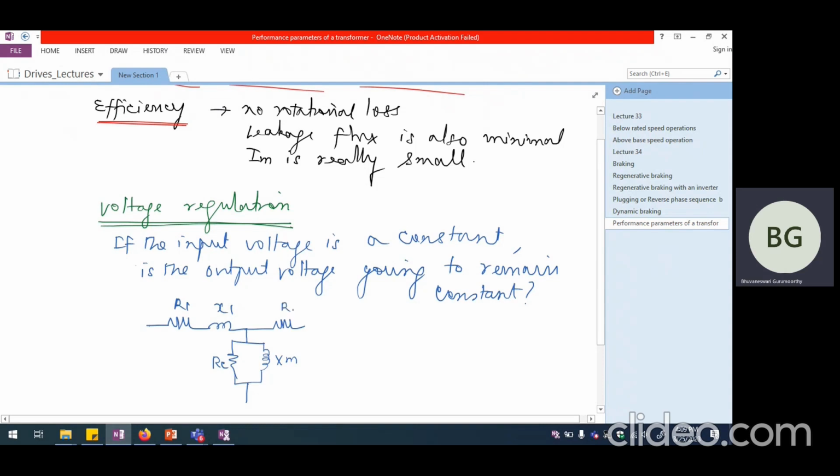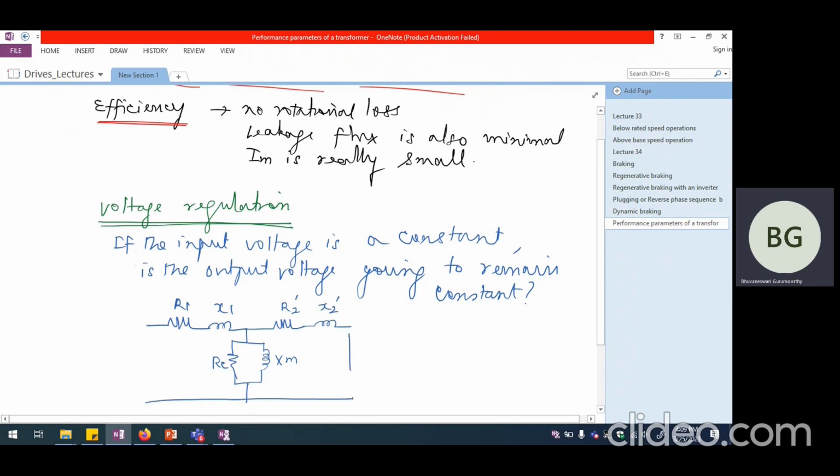And this is R2 dash, the resistance of the secondary winding referred to the primary, which means when I visualize it from the primary, what is the winding resistance of the secondary. And this is X2 dash, the leakage reactance of the secondary winding.